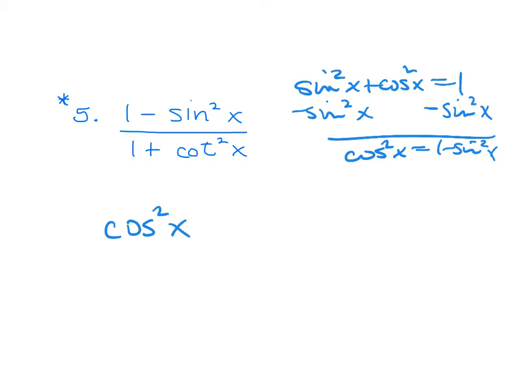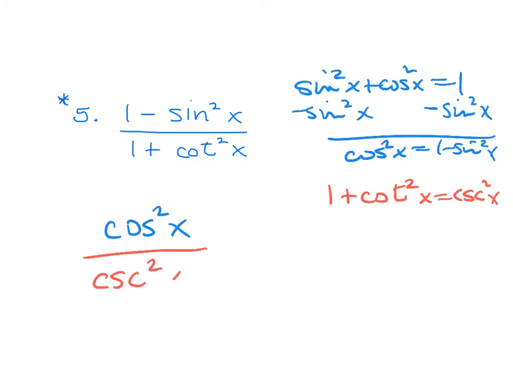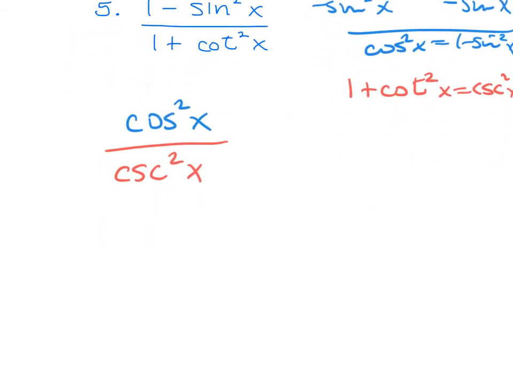The denominator is going to be the way that you memorize it. 1 plus cotangent squared x equals cosecant squared x. So that's what I'll put in the bottom of my fraction. Now, again, we don't want fractions, so I'm going to turn that denominator into its reciprocal, 1 over sine squared x, and then put the cosine back.